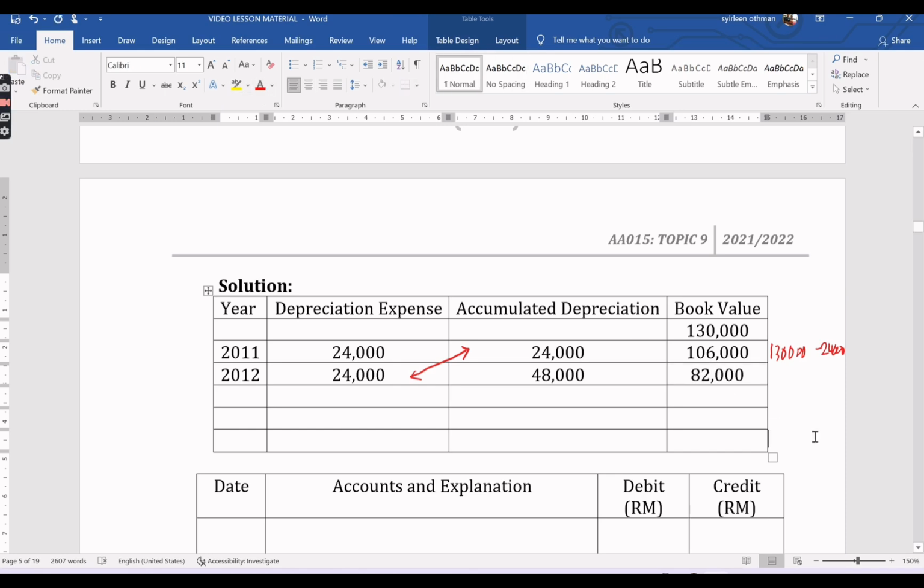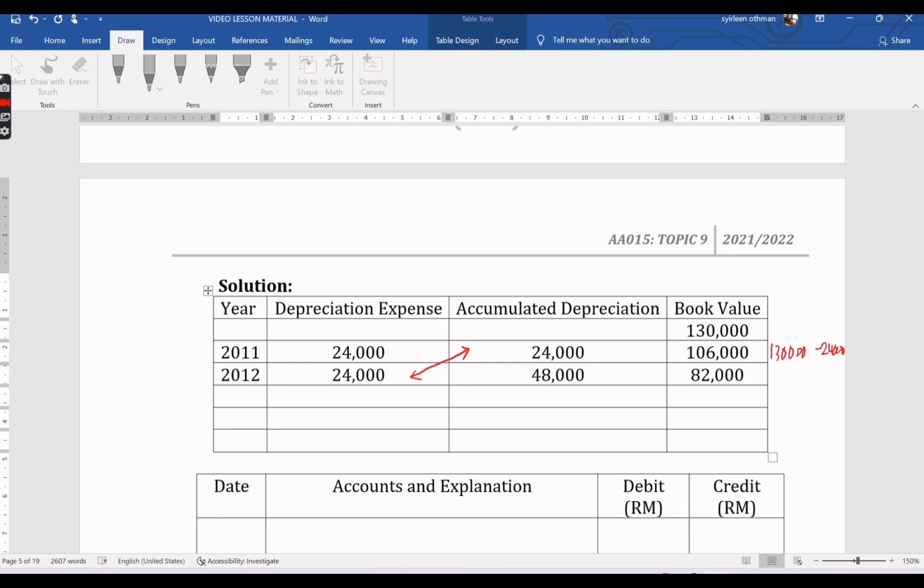This 82,000 is actually 106,000 minus 24,000.